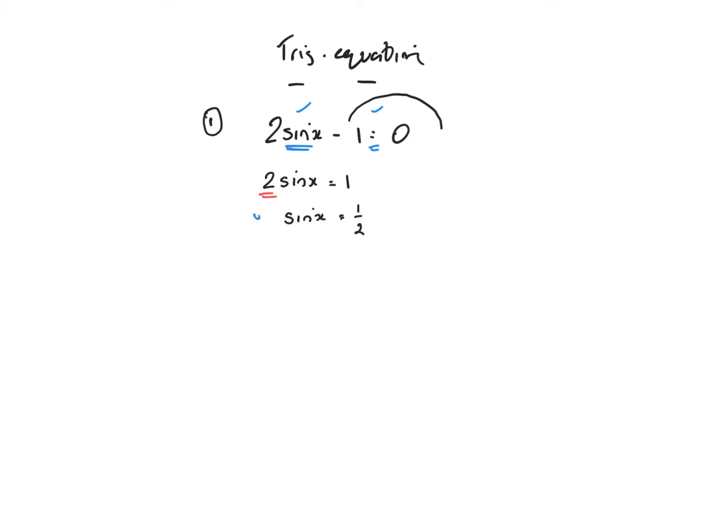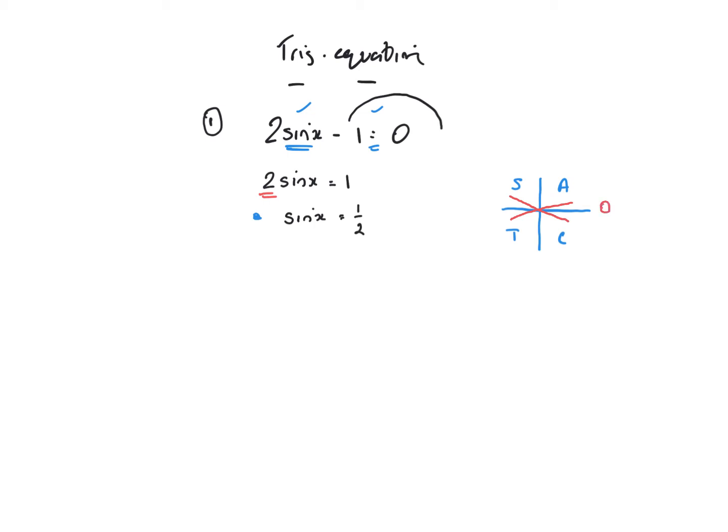Now, when you arrive at this point, when it's sine x equals, you draw this thing here, which is called the CAST diagram. It's so called because it spells out the word CAST, C-A-S-T. Now, S is for sine, C is for cos, T is for tan, and A is for all. And again, when you get back to class, we'll explain that in a wee bit more detail. So the other thing to put in is this cross here.